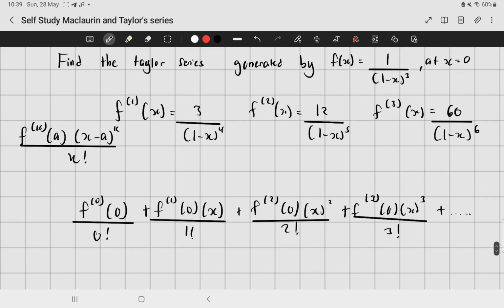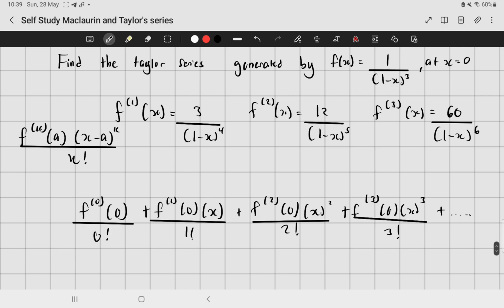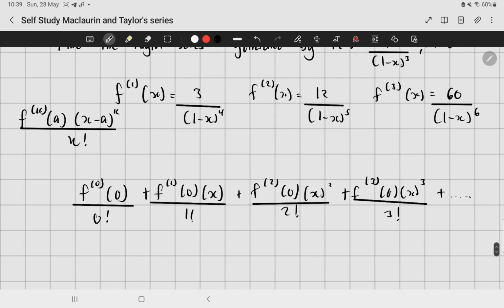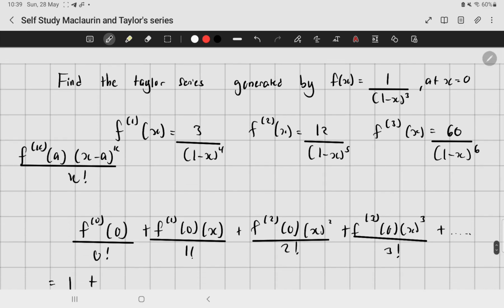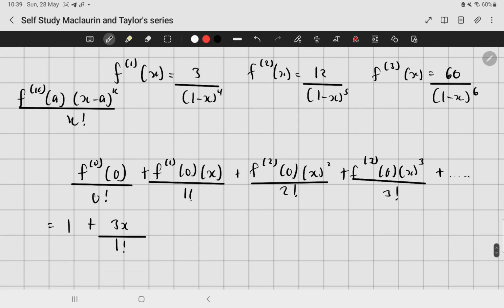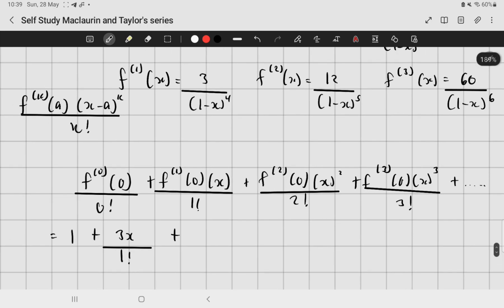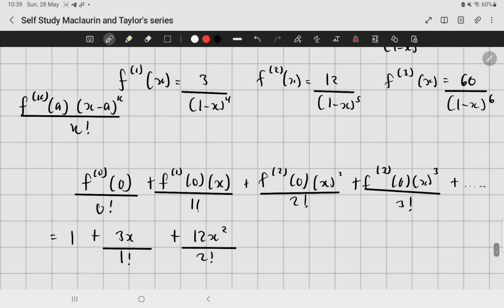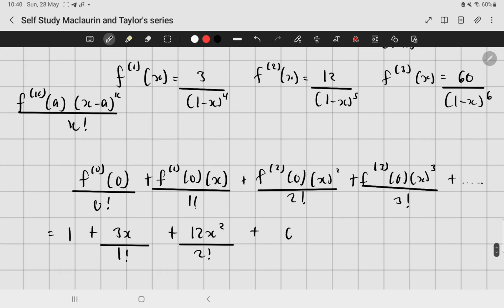So we are starting with, I believe, 1 plus 3x over 1 factorial plus 12x squared over 2 factorial plus 60x cubed over 3 factorial plus dot dot dot.